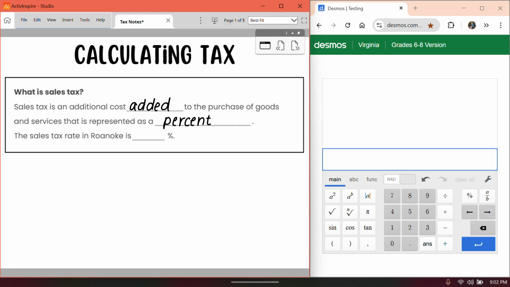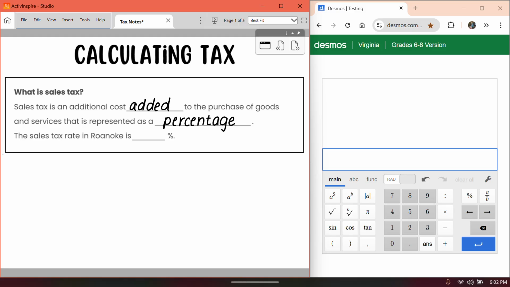When you get to the register, it's not going to just cost you $2. It's going to cost you $2 plus sales tax. The way that the sales tax is calculated is by using a percentage. So if you're buying a cheaper item, you're going to pay less tax. And if you're buying a more expensive item, you're going to pay more tax.